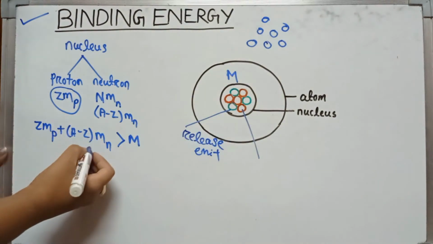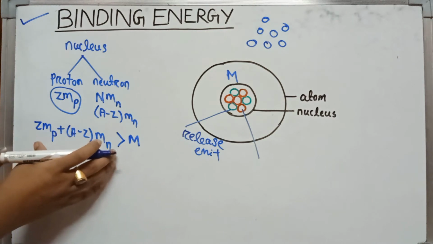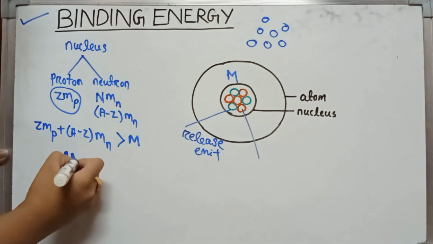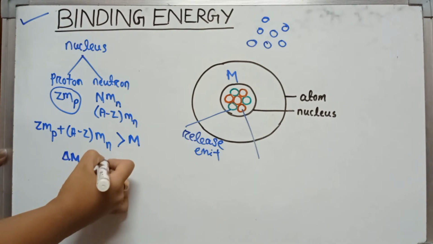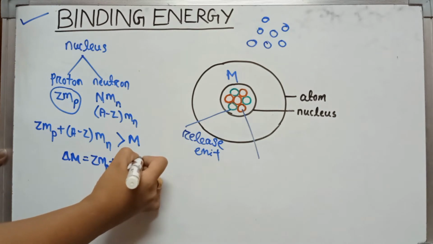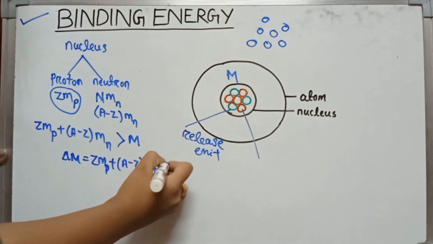Okay? Then that difference is known as mass defect. Yes, delta M equals Z Mp plus (A minus Z) Mn minus M.